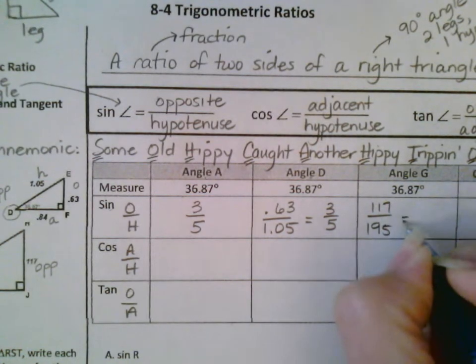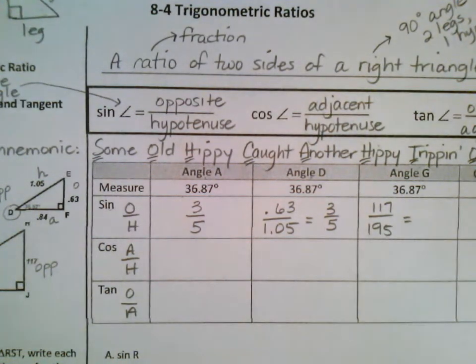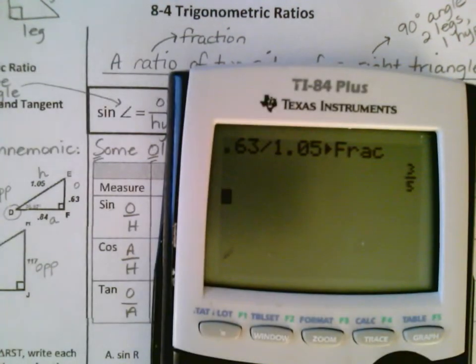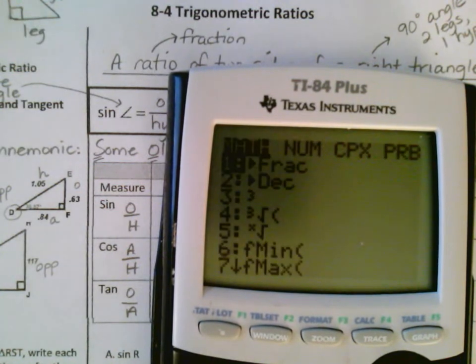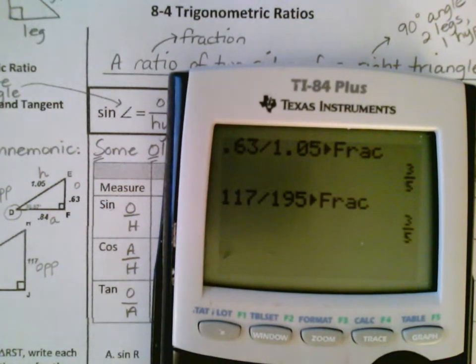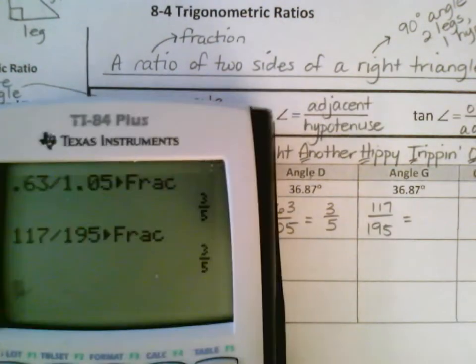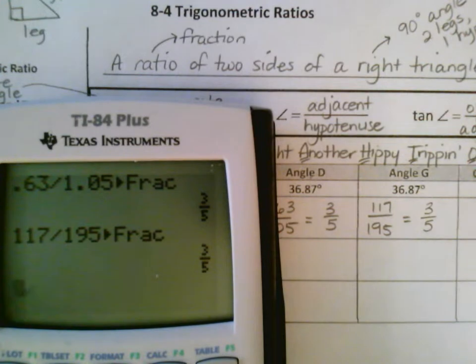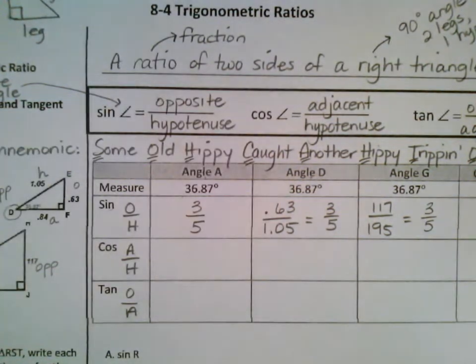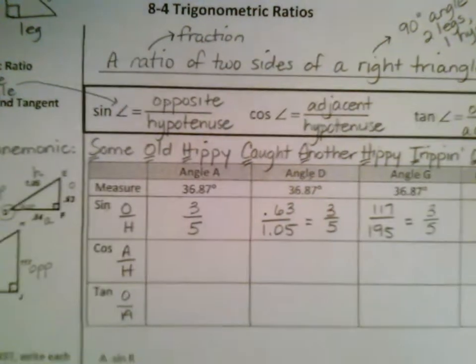And that too, if I put it into my calculator, same thing, 117 over 195, and hit the math and hit enter twice, I will get the 3/5 answer again. So 3/5.